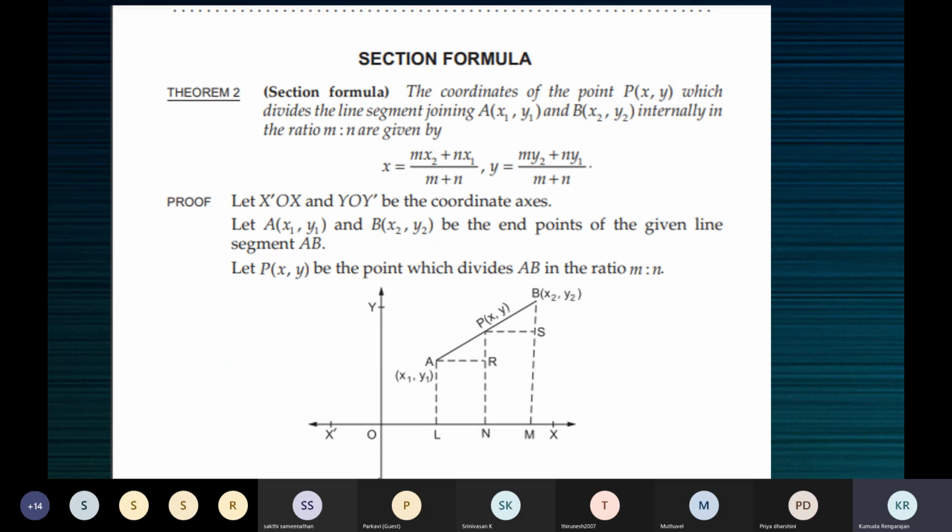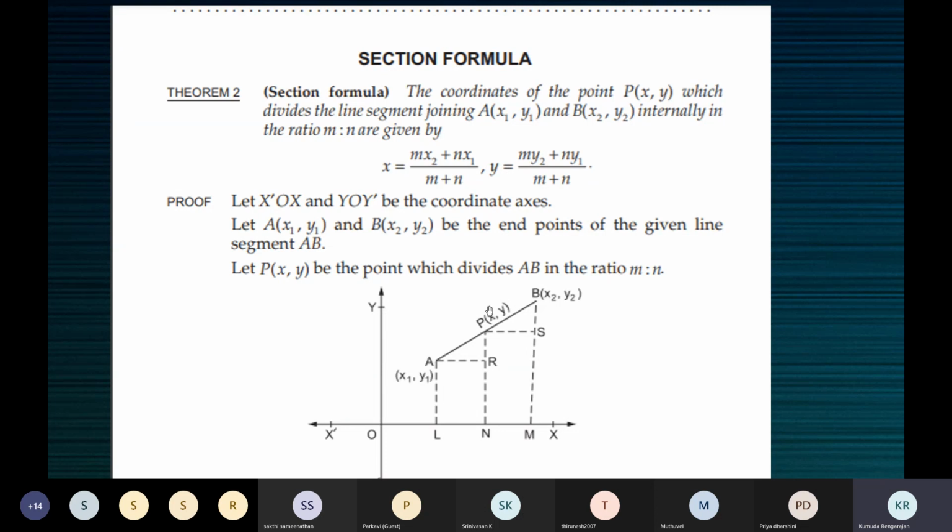Now we want to derive the section formula using which we can find the x coordinate of P and the y coordinate of P in terms of x1, x2, m and n for the x coordinate, and in terms of y1, y2, m and n for the y coordinate.